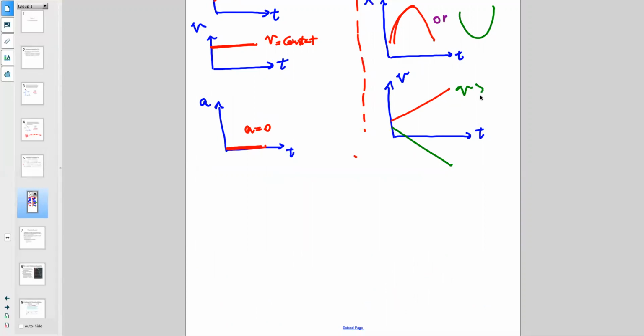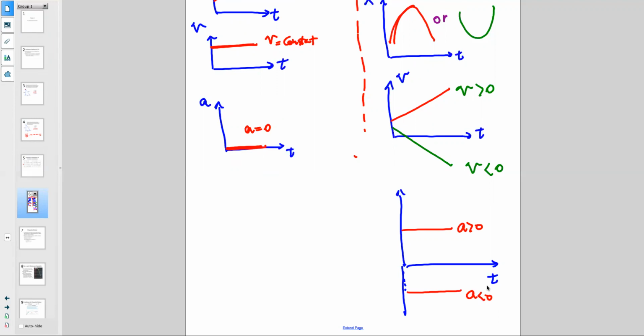So this is for positive velocity, and this is for negative velocity. Right? And if you want to show the acceleration, not velocity anymore, then acceleration is always constant, either positive or negative.